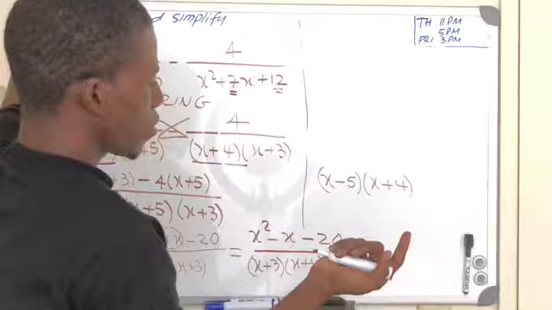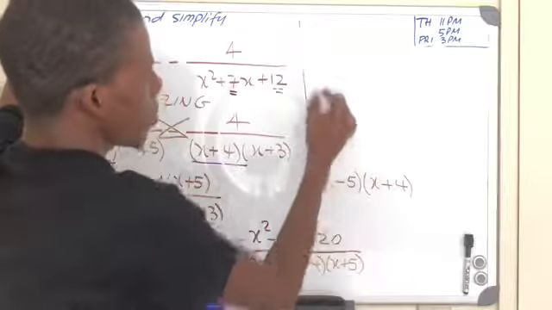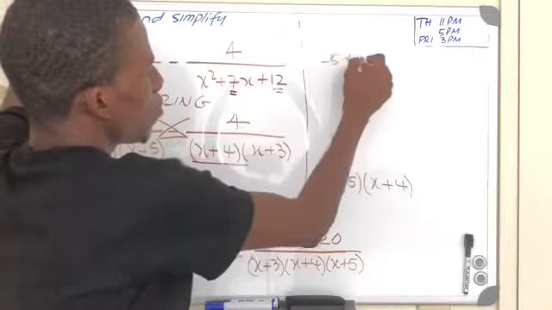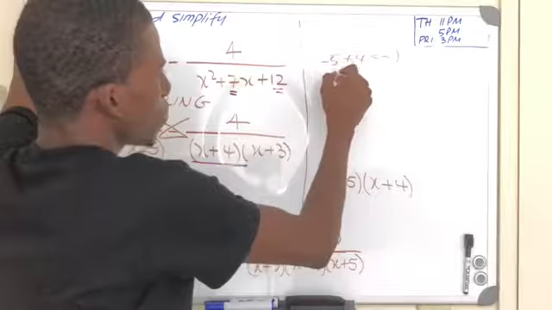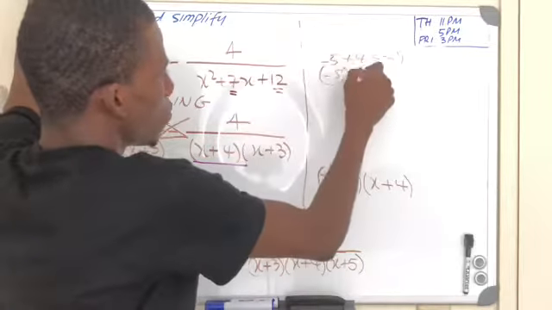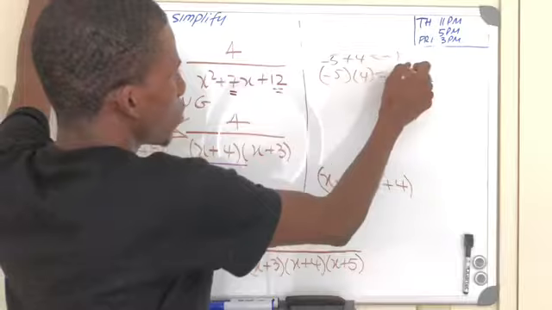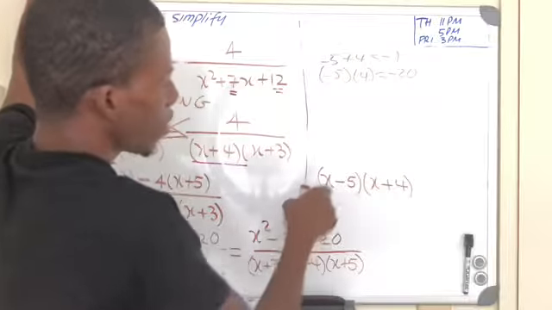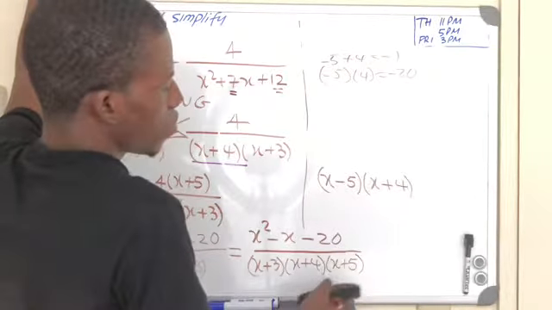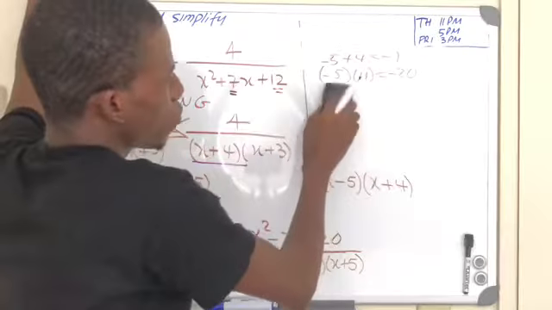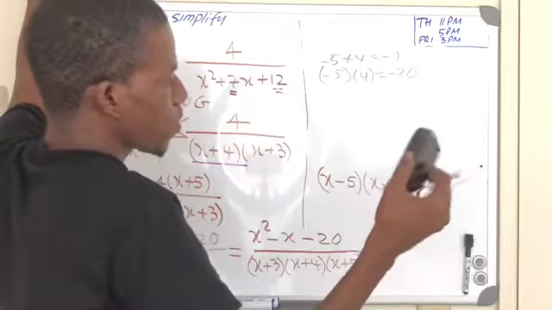Minus 5 plus 4 is equal to minus 1. And minus 5 times 4 is equal to minus 20. And I say, oh, okay, x minus 5 times x plus 4. So that's the easiest way to do it. But you have to know some specific rules.